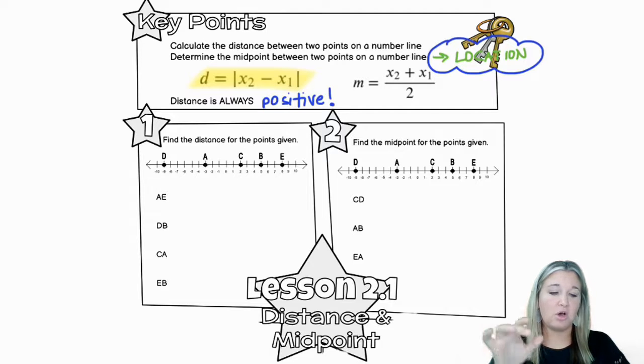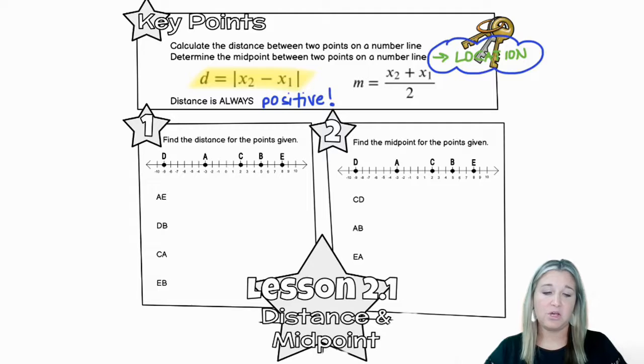Okay, so the first example is we're going to find the distance between A and E, or the length of line segment AE. That's also how we can note it, with that little line on top, which means line segment AE.